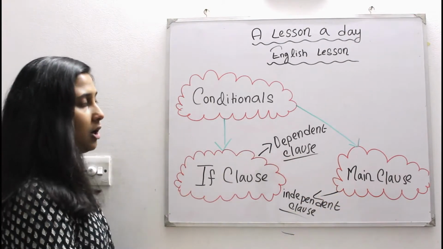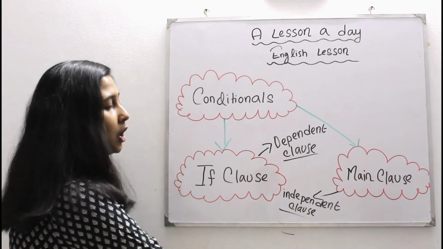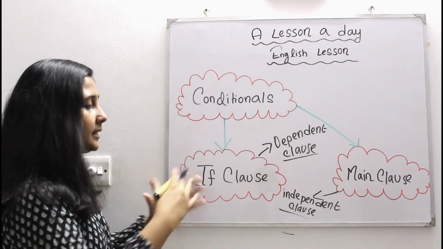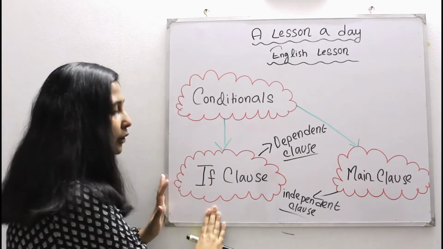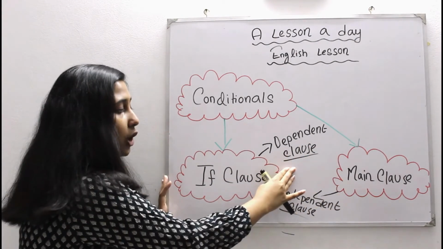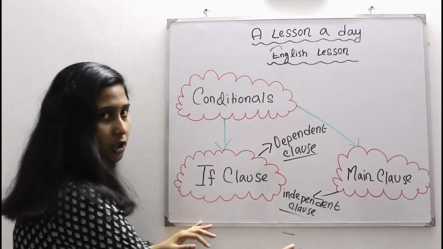So the if clause is known as a dependent clause and the main clause is known as the independent clause. So by this we can understand that the if clause is dependent on the main clause, which means the dependent clause is dependent on the independent clause.